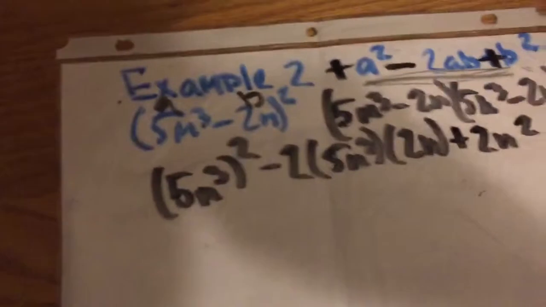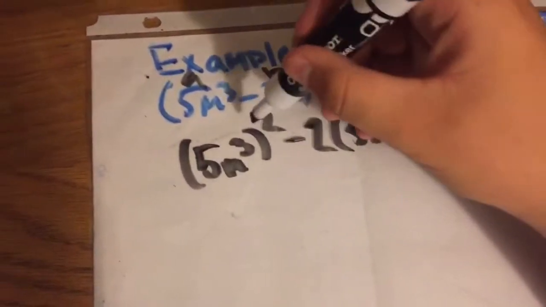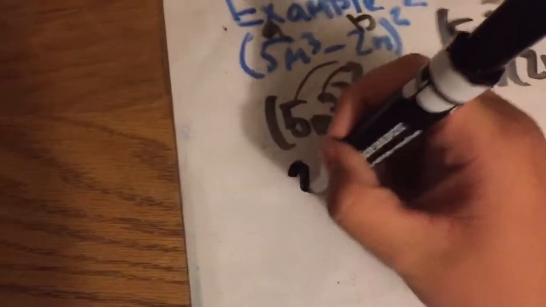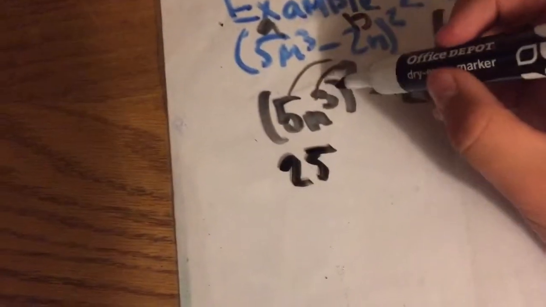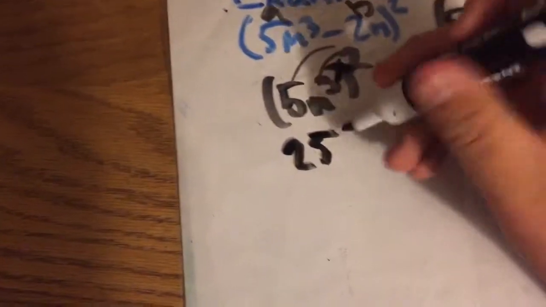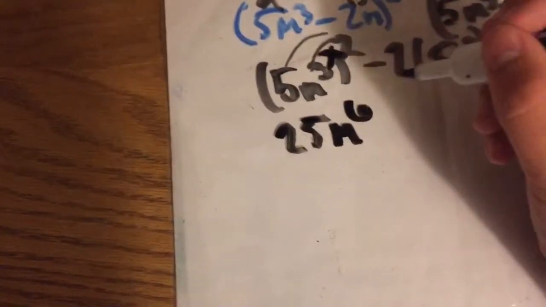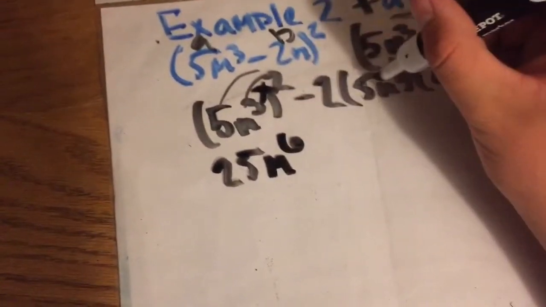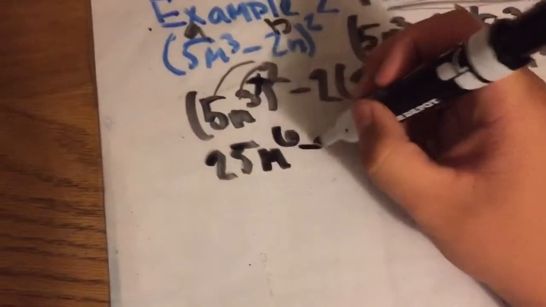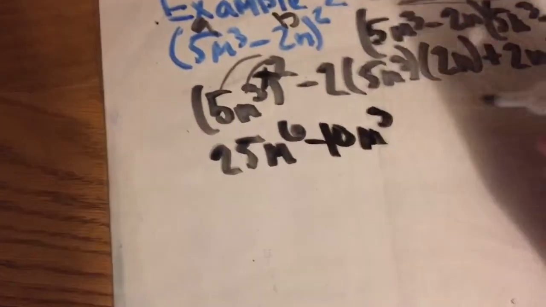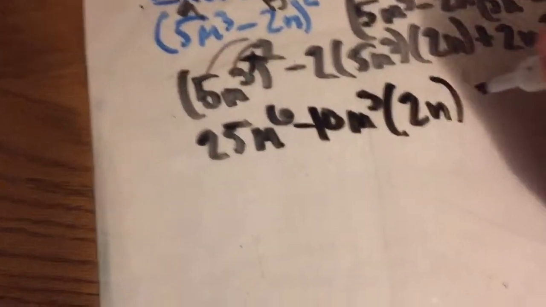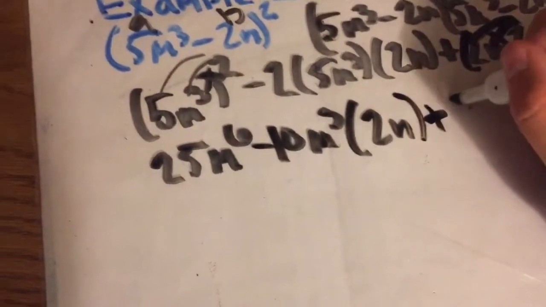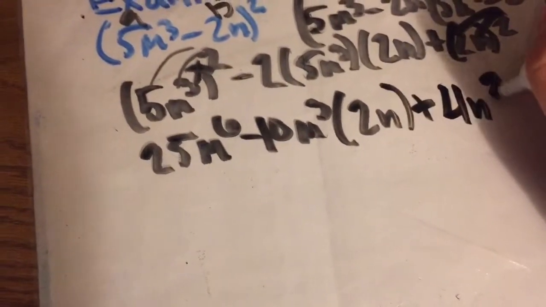So next you're going to solve, which is going to be distributing the square to each term. So 5 squared is 25. And then you have m cubed squared, which is going to be 3 times 2, because whenever you have a power to a power, you multiply them. So 3 times 2 is going to be m to the 6th. And now you have negative 2 times 5m cubed, which is going to be negative 10m cubed, times 2n, plus (2n) squared, which is distributed to each term, so 4n squared.